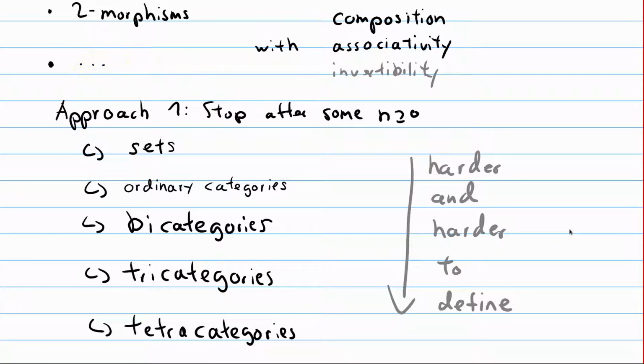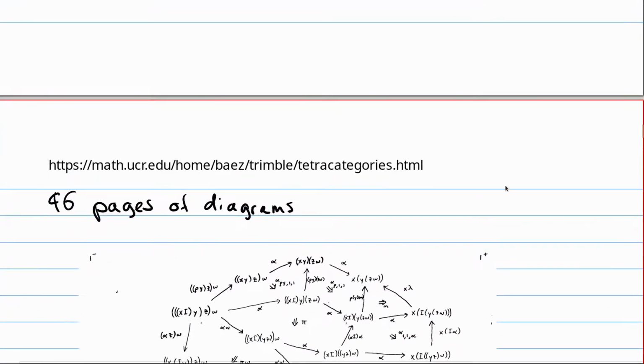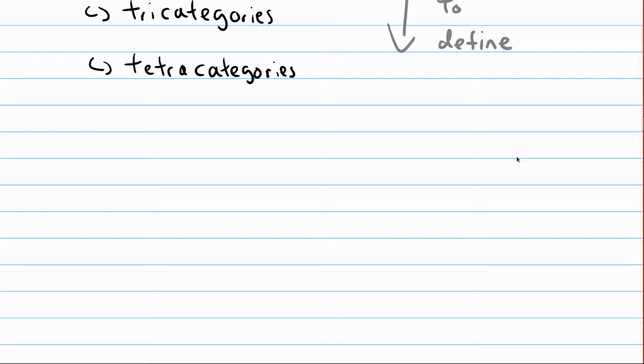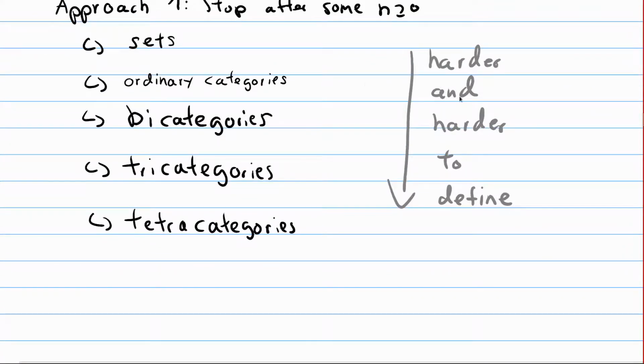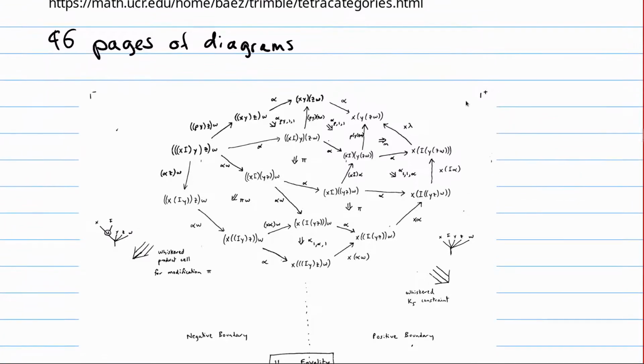And to give you an idea of how insanely laborious this process gets, let me show you a small excerpt of a professor who wrote down the axioms for a tetracategory using only the language of ordinary category theory, and we get these insane diagrams.